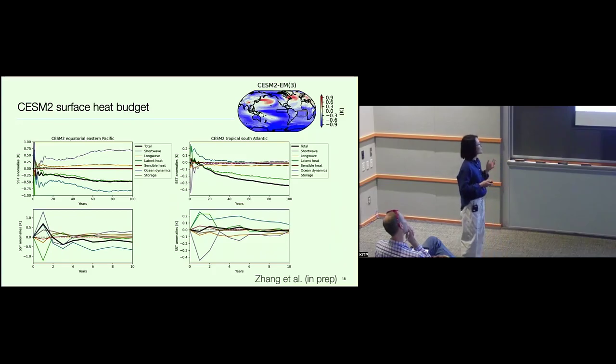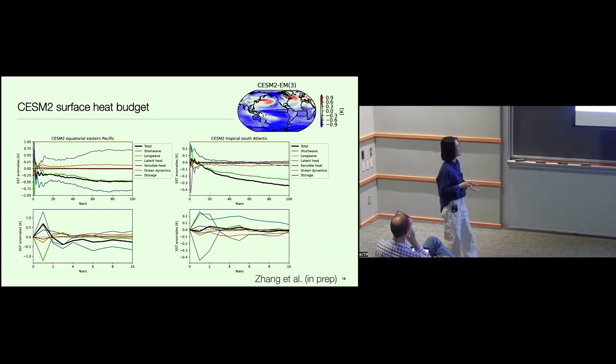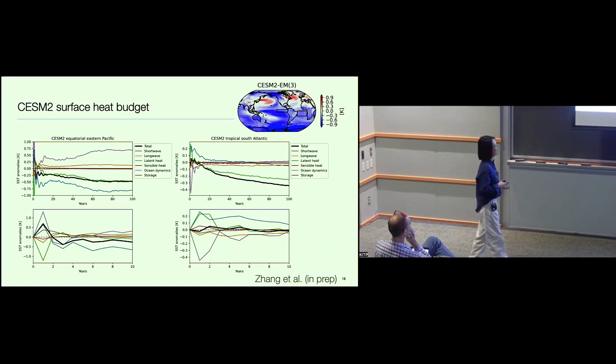So this, remember, is the model with very strong shortwave cloud feedback. And the cloud feedback should be strong in both the Pacific and the Atlantic because they're both hotspots of subtropical low cloud feedback. But that term actually has very little contribution here in the Atlantic.